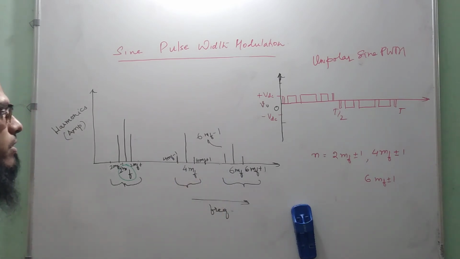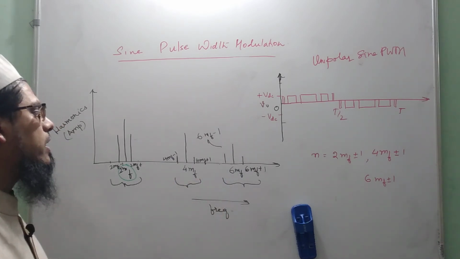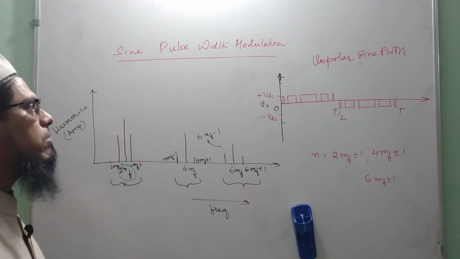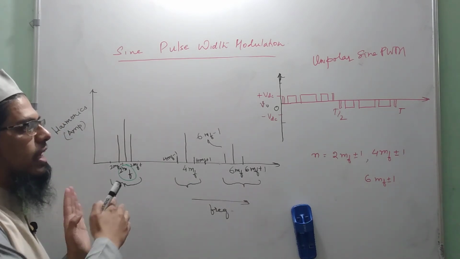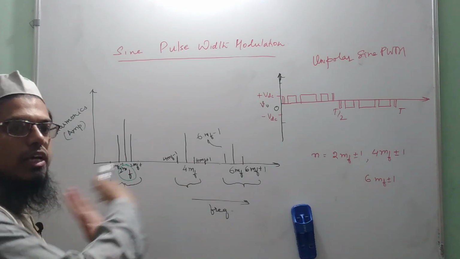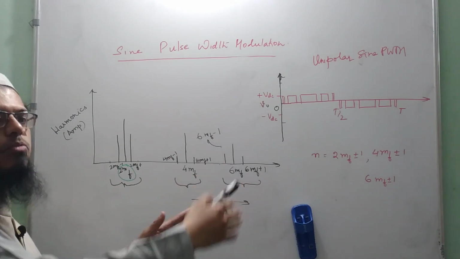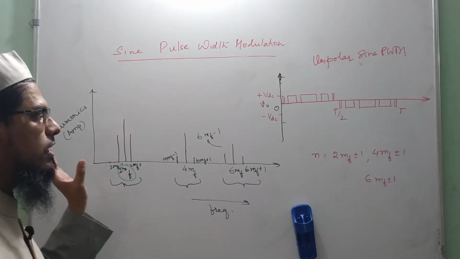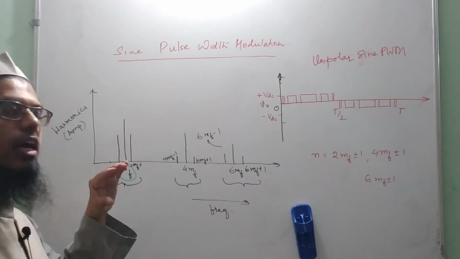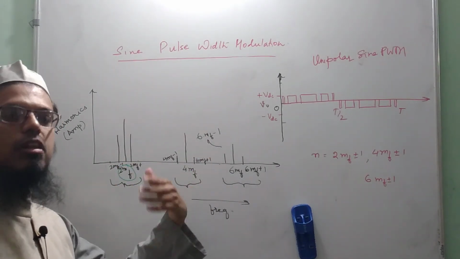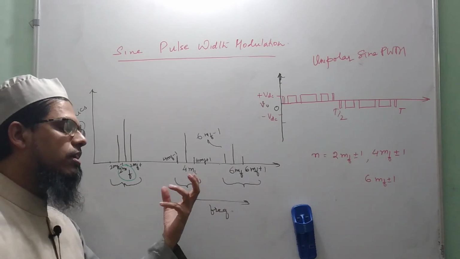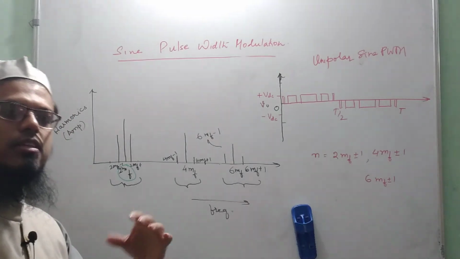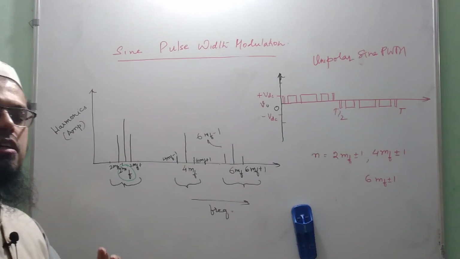In this way, we could see that the unipolar sinusoidal PWM scheme has harmonics at twice the distance from the fundamental. That means the harmonics are occurring at larger values, so eliminating them requires lesser effort and a lesser filter circuit.